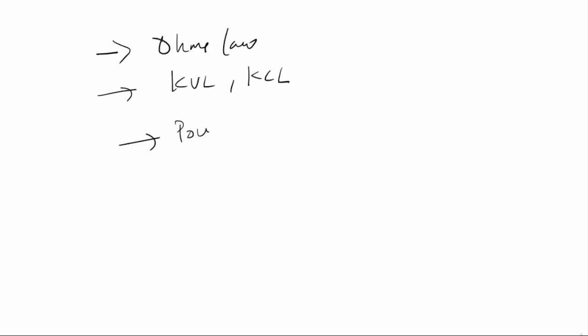So what we saw in this lecture was Ohm's law, the KVL, the KCL, and the power equation for the electrical circuit, which is VI or I square R, to find the power consumed or power lost in the circuit.